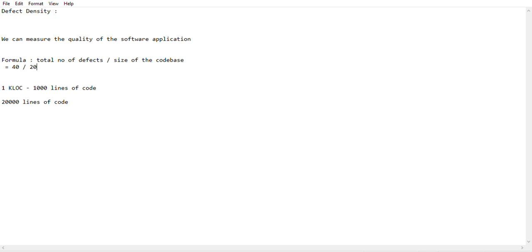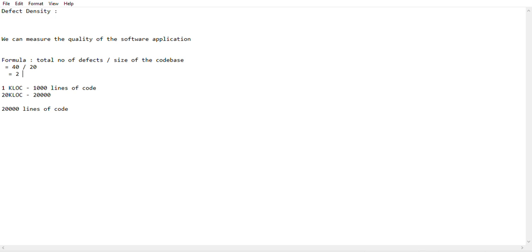As we know, 1 klog is 1,000 lines of code, so 20 klog means 20,000 lines of code. So 40 divided by 20, the defect density will be around 2. So the defect density is 2 for that particular module.